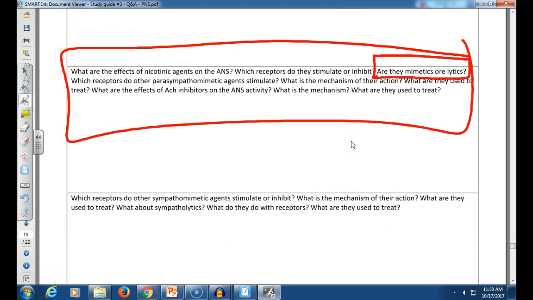Mimetics and lytics. Know what parasympathomimetic or parasympatholytic means. Am I clear on that? That's going to be one of the hard questions. Okay, if you want to increase the activity of the digestive system, what do you want to use? Probably parasympathomimetic. Does that make sense?